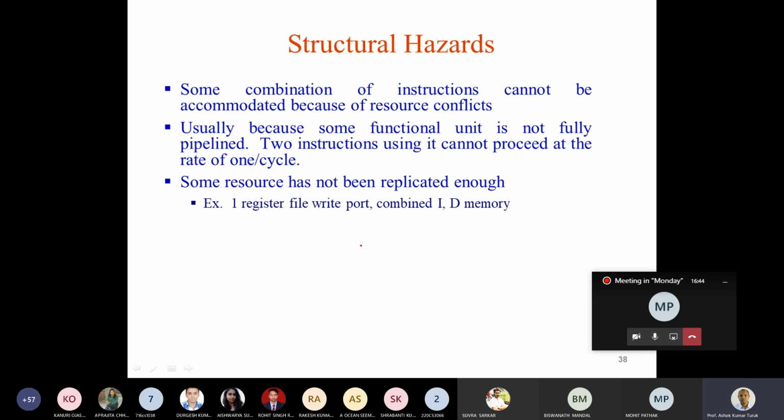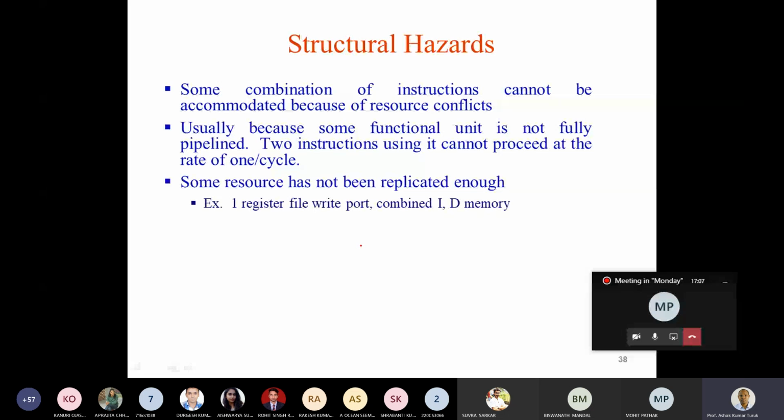For example, suppose we have only one register file write port, and two instructions want to write at the same time. Then two instructions cannot write in the same clock cycle.